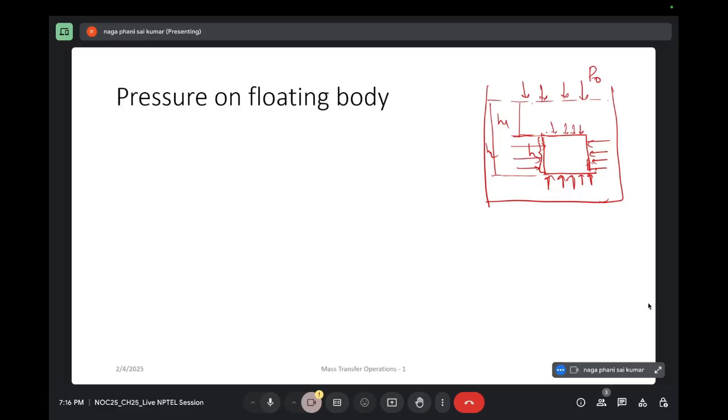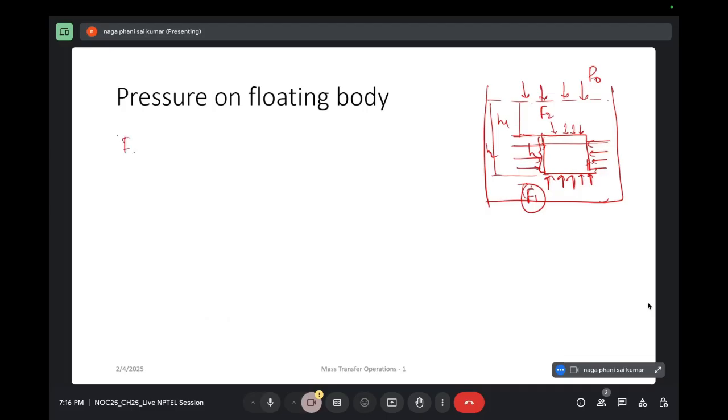Okay, so now if you equate them, we know they are at the same level, right? So all the horizontal forces will get cancelled out, whereas vertical forces need to be balanced. So let's say from the lower part F1 is a force acting, and from the top section F2 is a force acting.